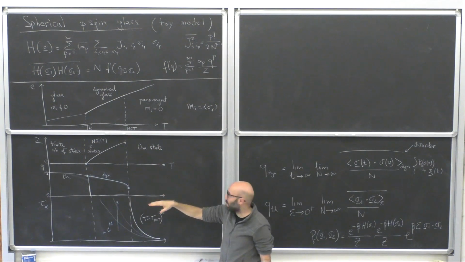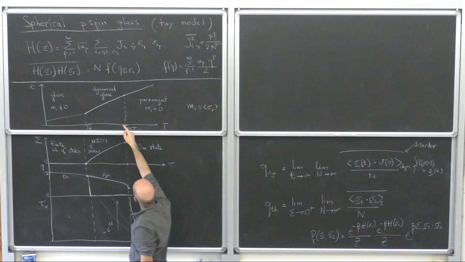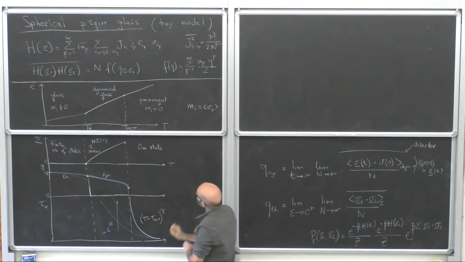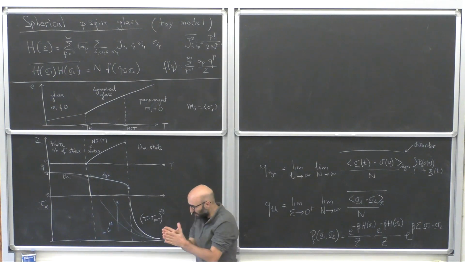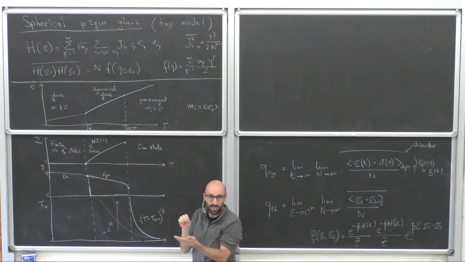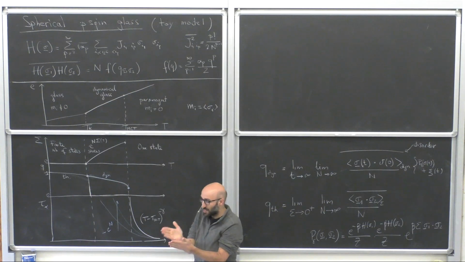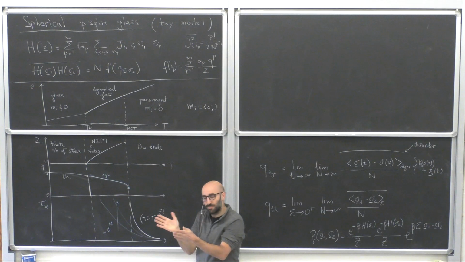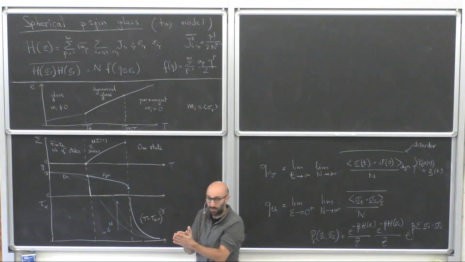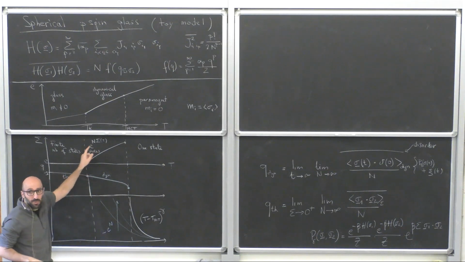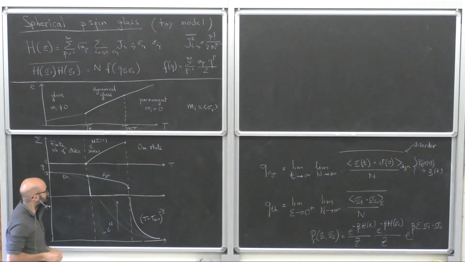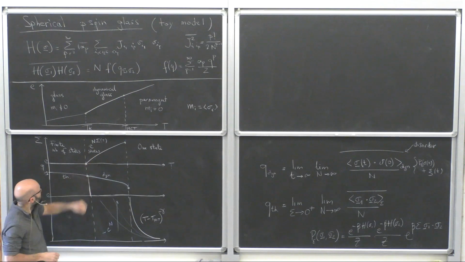When you lower the temperature, you have this dynamical transition at which the dynamics becomes arrested. So if you initialize the system in equilibrium in a configuration and you run the dynamics, the trajectory cannot go much far away from the initial condition. And this is because you have an exponential number of these metastable states that trap the dynamics.